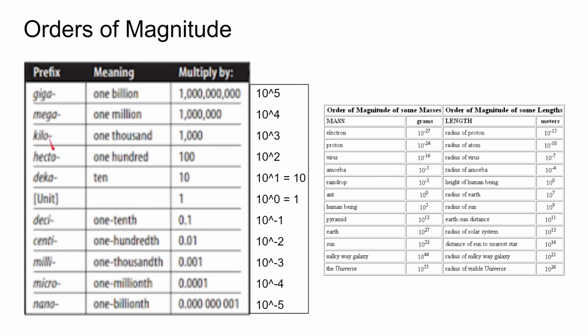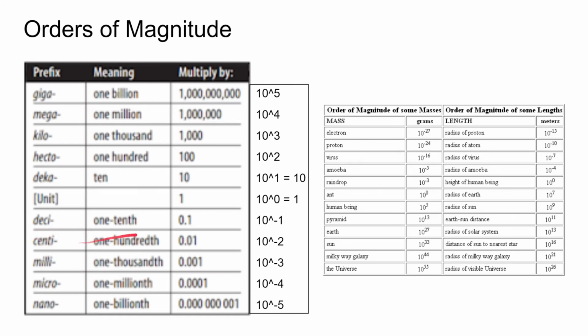So a kilogram is 1000 grams, right? As you can see here, kilo, and you multiply it by 1000. If you know your computers well, you'll know about gigabyte and megabyte, and so those are also prefixes which we add. So megabyte means 1 million bytes, and gigabyte means 1 billion bytes, and so that goes the other way.